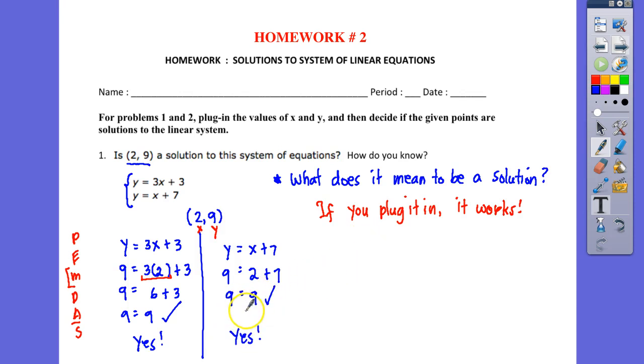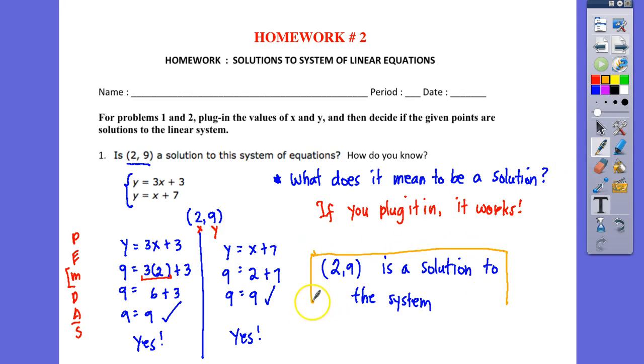Since it worked in both equations, that means 2, 9 is a solution to the system, because it worked in both equations.